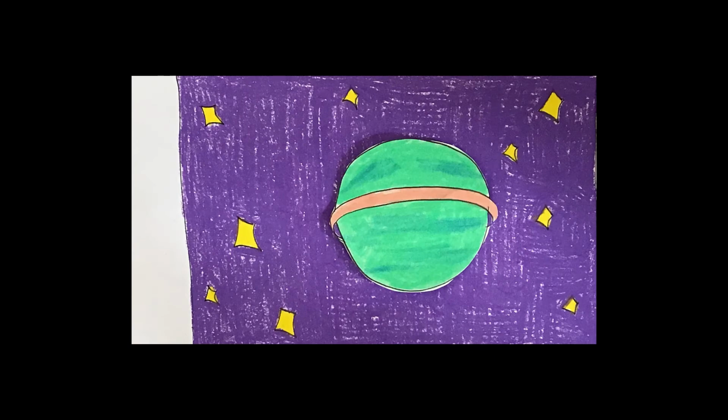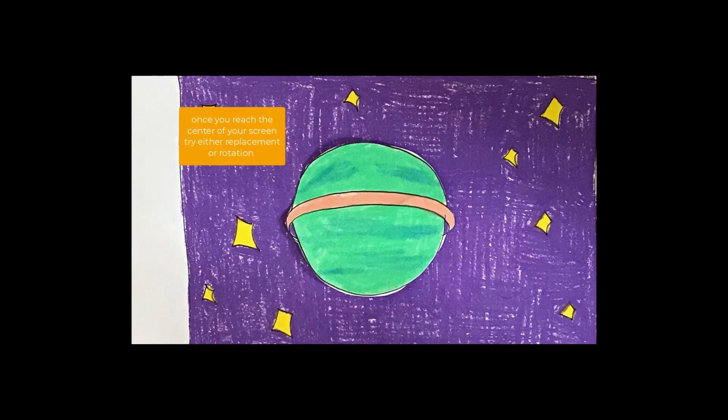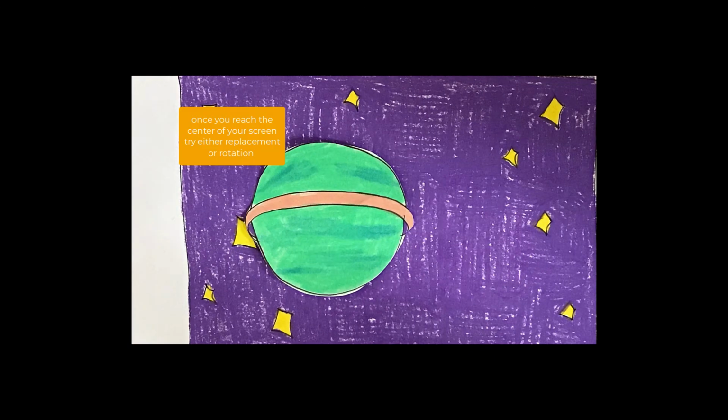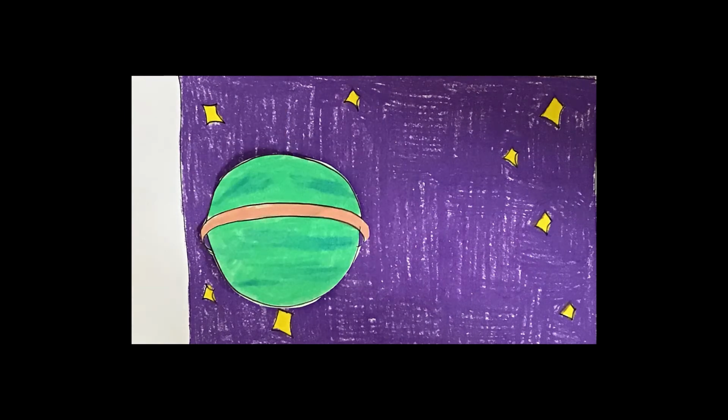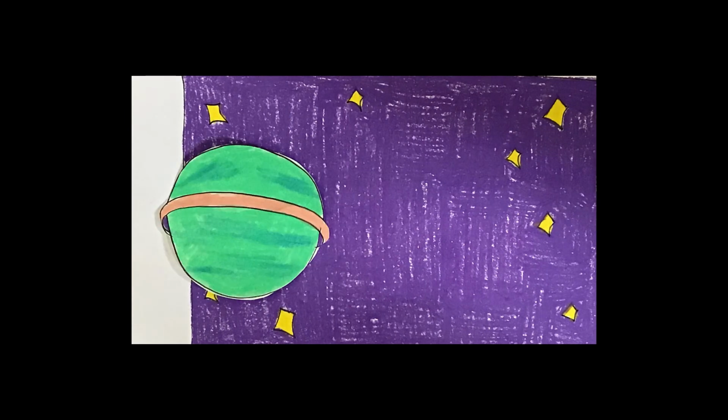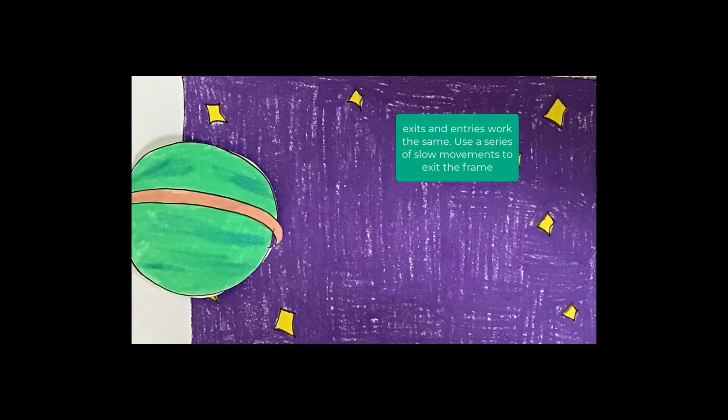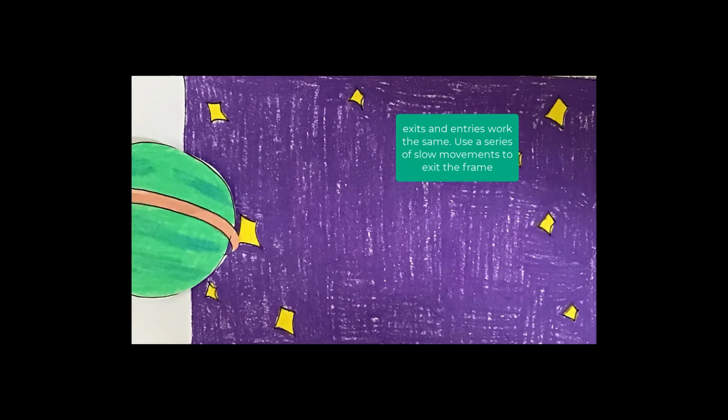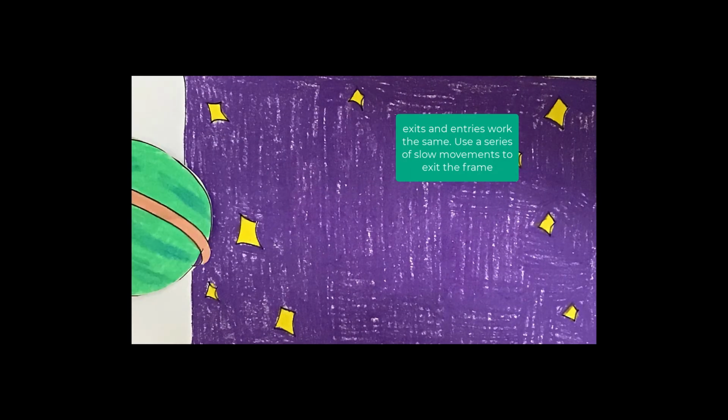It's up to you. Once I've made a full rotation, I'm going to exit the screen in the same way that I entered the screen. I'm just moving my planet ever so slightly to the left, taking a photo, moving it again and taking a photo. This is a good time to use a partner. You can have somebody move the object for you while you take the photo, or vice versa.